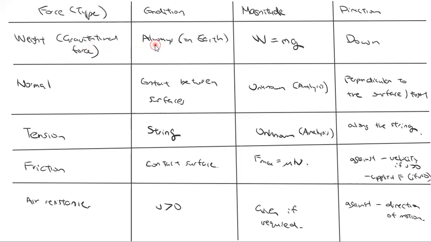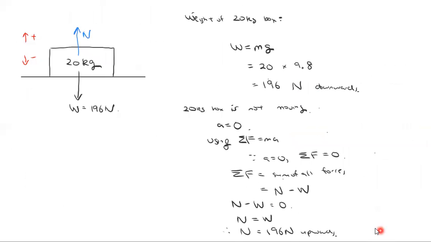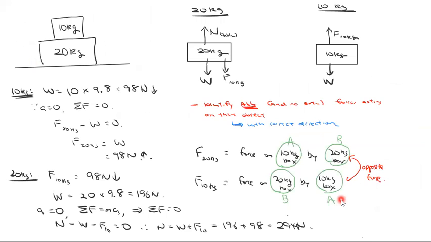But gravitational force always happens. The weight force you calculate by W equals mg, and it's downward. Normal force happens whenever you've got two surfaces in contact. It's always in the perpendicular direction, but we need to analyze the problem, including which way it's accelerating, if it's accelerating, and use F equals ma to work out the normal force. And this over here is an example of how we've done that.